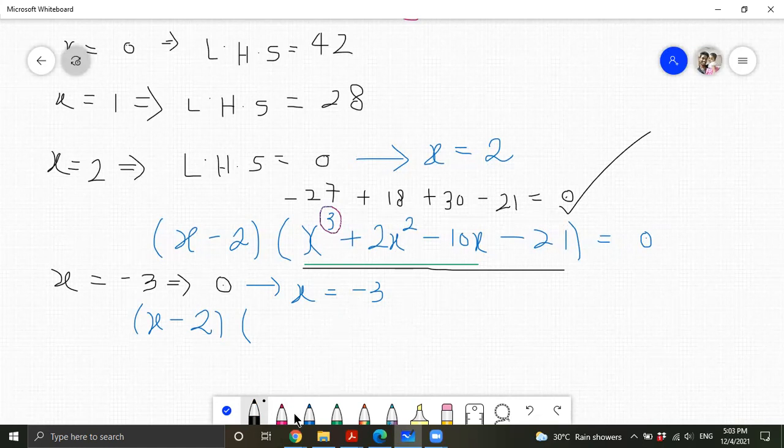When it's x equals minus 3, the factor will be x plus 3, because we'll shift the value to this x side. So x plus 3. That's one solution. That's one factor. So what will be the remaining term? So I'll write that also, right? x squared. So I'll directly put the value, right?